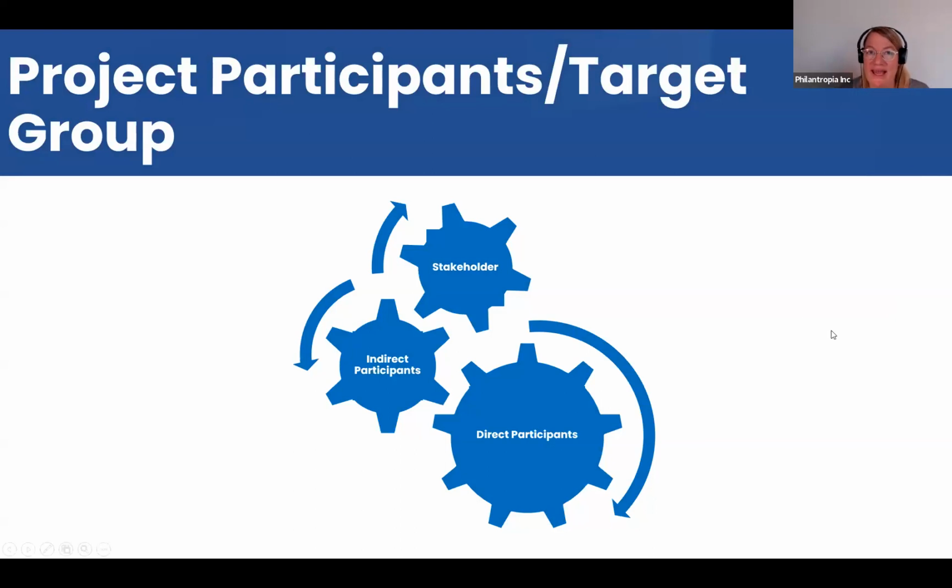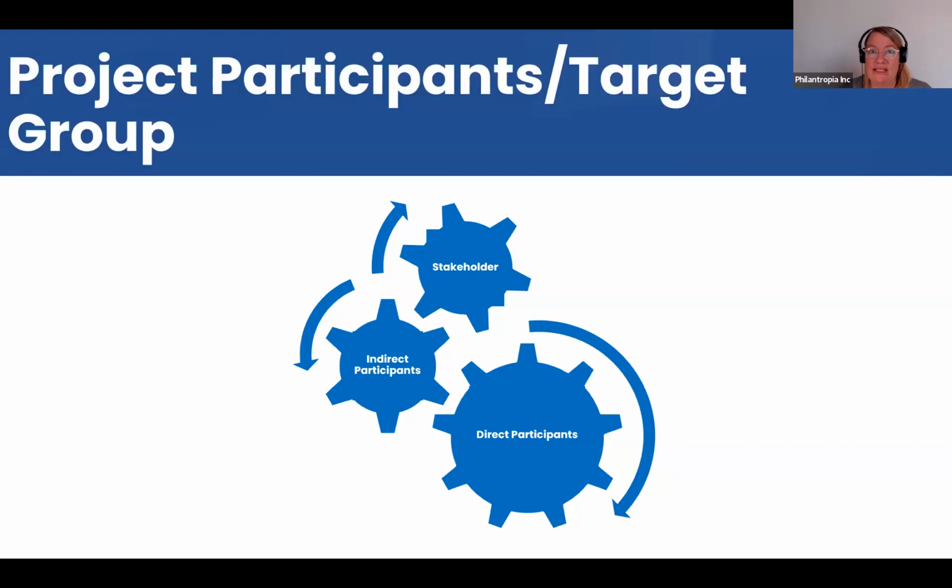You have 3 different categories. The stakeholder category isn't that important in the proposal. Usually you don't have to cover that, but it is super important for project planning to understand the landscape you are navigating in, to understand who else has a stake, has an interest in the community you want to work with, so that you can ensure your project success.